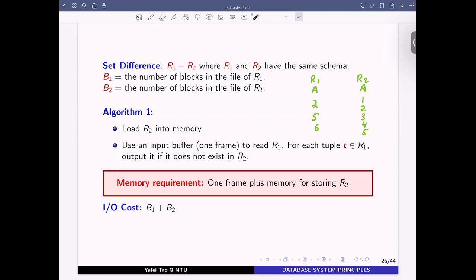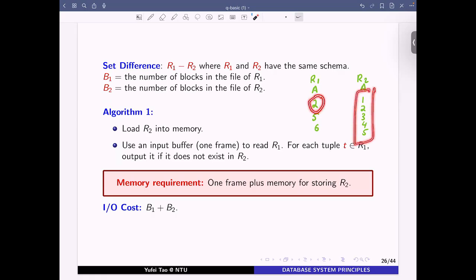So you ask yourself, under what conditions would you need to output this 2? Well, the answer is if this 2 is not in R2, then you will have to output it. But remember, the entire R2 is already in the main memory.